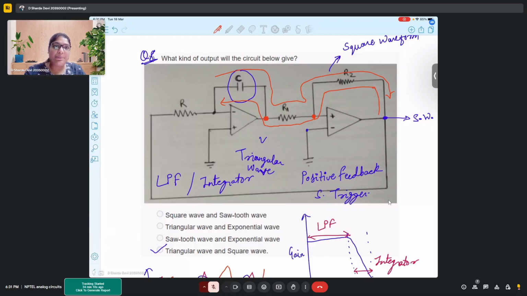From there it will pick up that particular signal and then transform it into a square wave. And the moment it transforms it into a square wave, you have your output as a square wave. And when you feed that output to an integrator, it will give you a triangular wave. Is this clear?